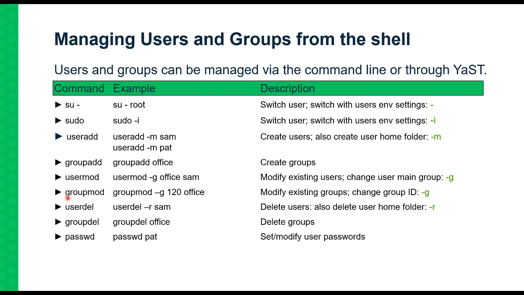We can also modify the group's ID by using the groupmod command, and we can use the -g to change the group's ID to 120 instead of 100. So the syntax is groupmod space -g space 120 space then office.